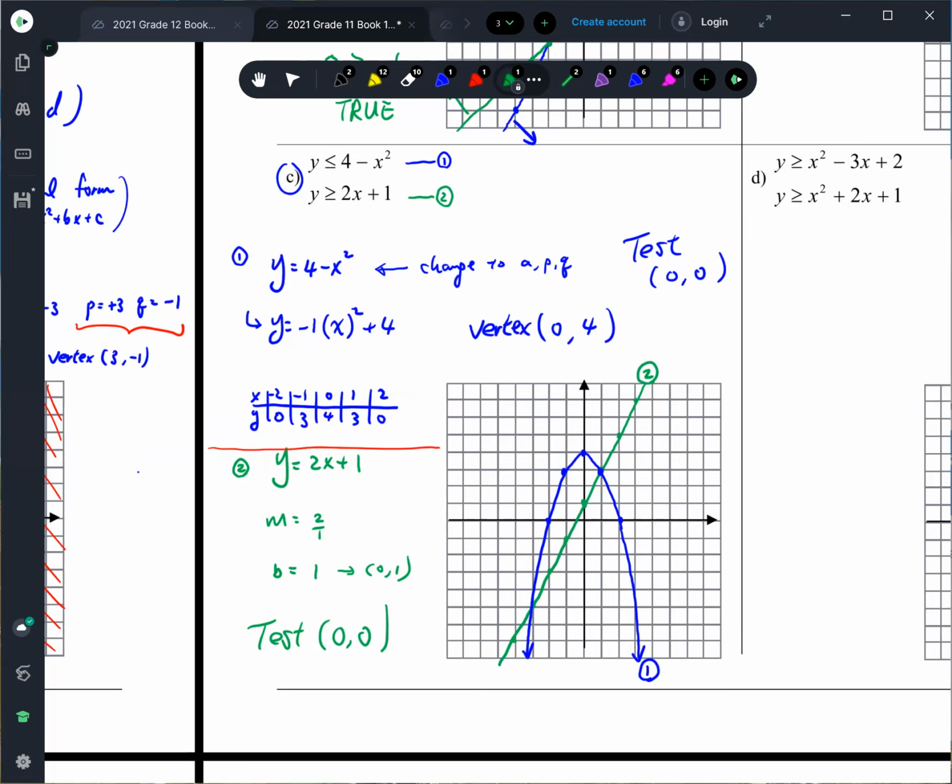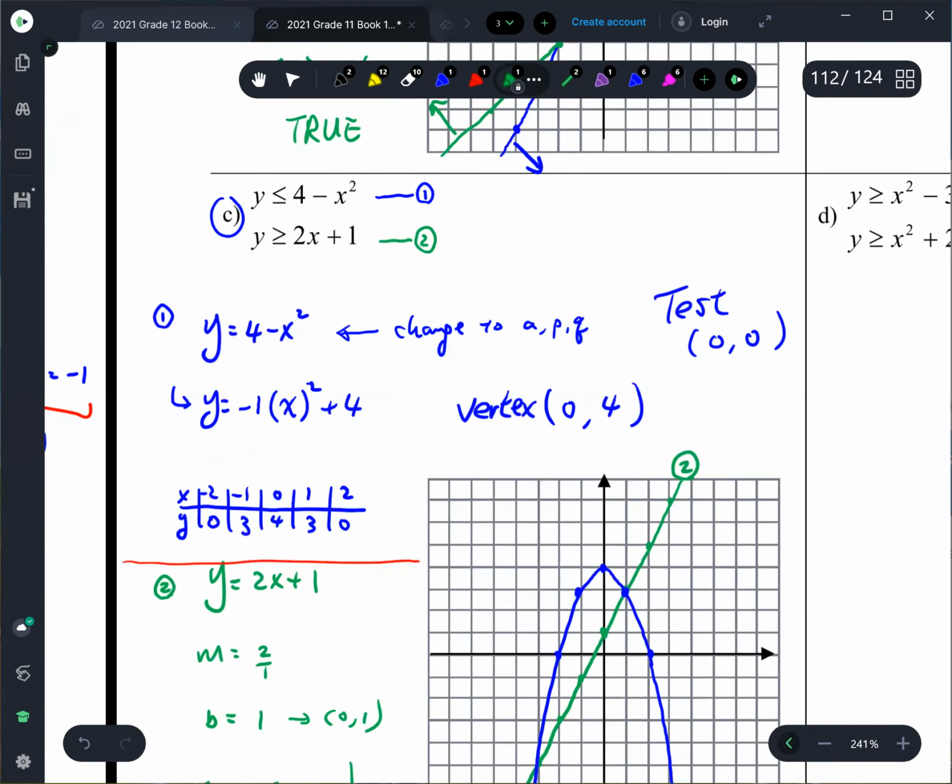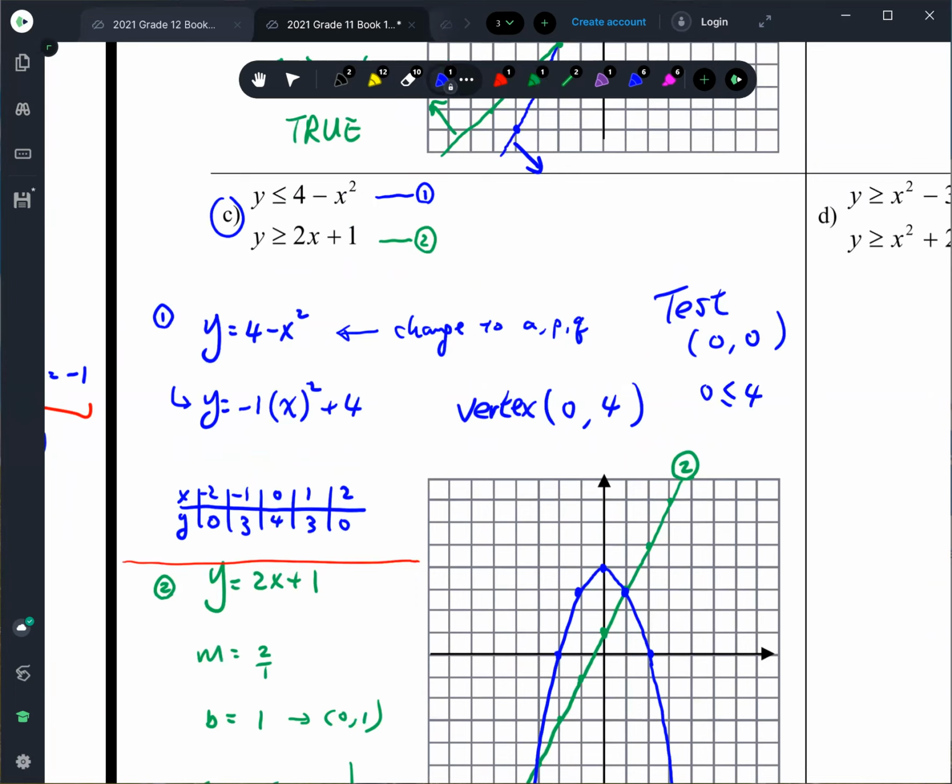Correct means true. For example, if you test 0, 0, plug into the first one, what do you have? I got 0 is less than or equal to 4. Okay, so does that make sense? Is 0 less than 4? Yes. So true or false? It's true. Yeah, true means correct, right?